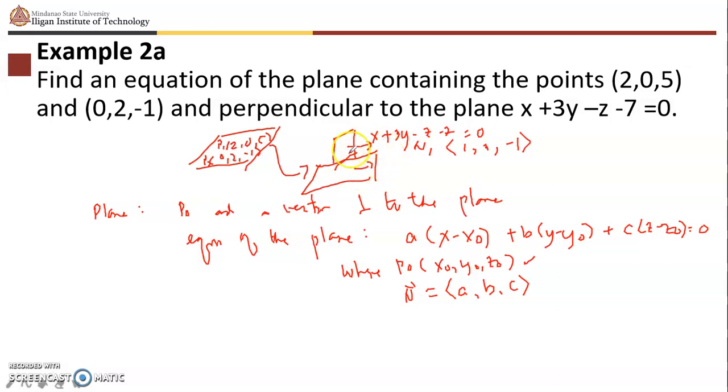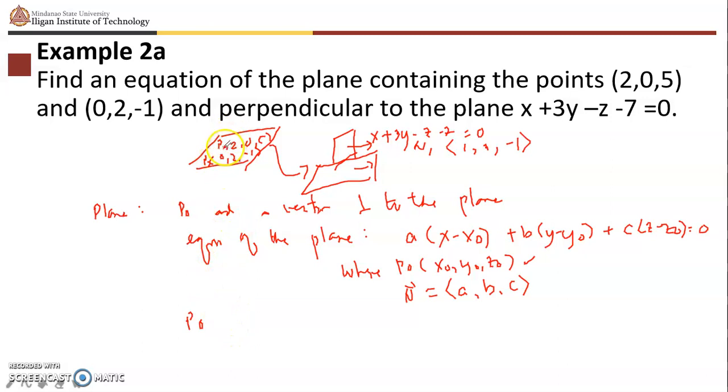So what do we need now? We know that we need a vector which is perpendicular. What we're going to do is take the cross product between this one and any vector that we can come up with from this plane. That vector would be the vector P sub 0 P sub 1.